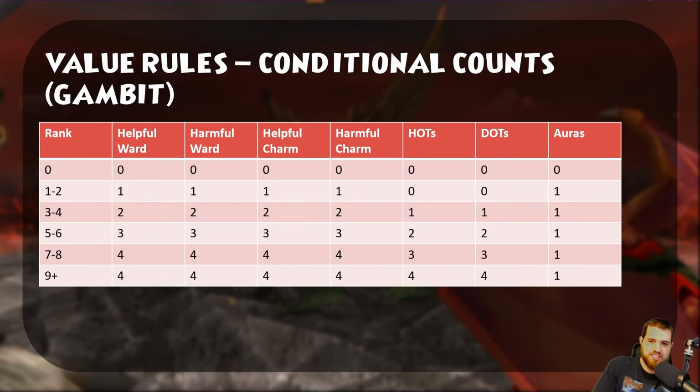Now, conditional counts. This is for gambiting. If it is a conditional that gambits something, you go down this chart, rank, and you find the effect, and that's how many it can do. So you're like, all right, I'm going to make a 7-pip spell that gambits the blade, and then you go down here and, okay, that's 4.